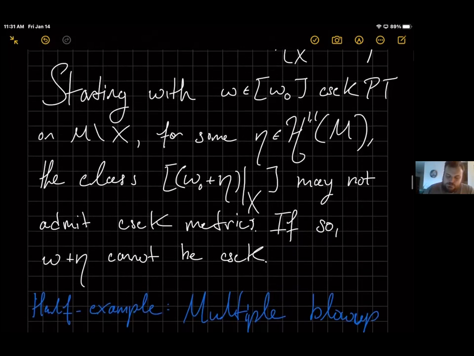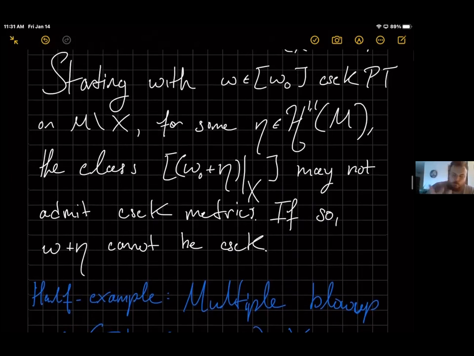So if we start, we're thinking about this as an openness condition. So we want to perturb a nice cscK Poincaré-Type metric that we already have initially. So we're starting with omega in a class, what I defined above, which is cscK and Poincaré-Type. But if we perturb by a harmonic 1-1 form using the Hodge theory, that's how we're going to be able to illustrate changing the Kähler class just a little bit.